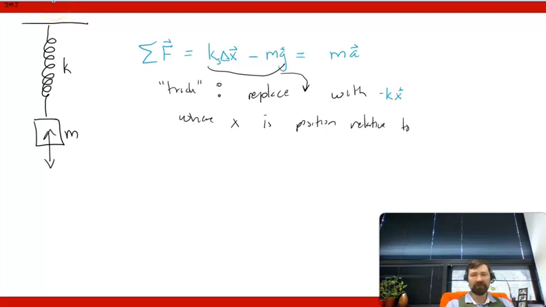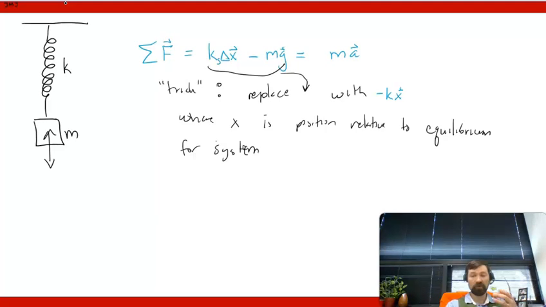And actually we want to replace it with a negative k times x, as it turns out. So x is position relative to the equilibrium for the system.